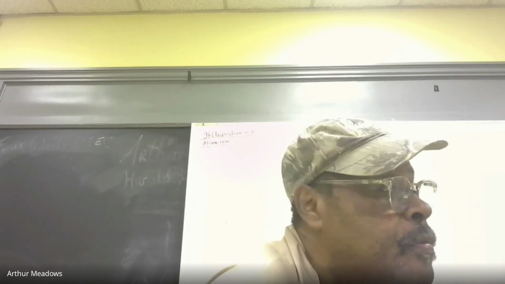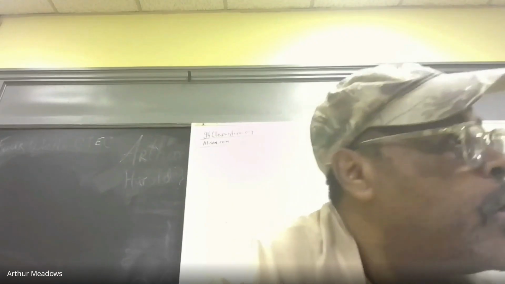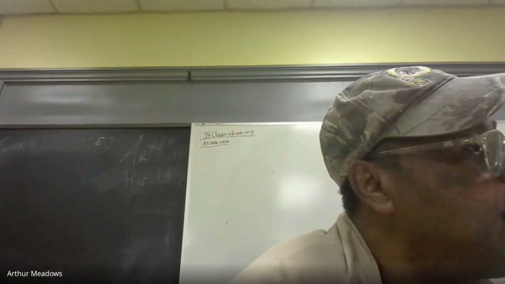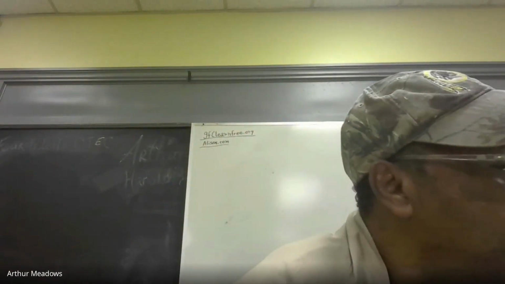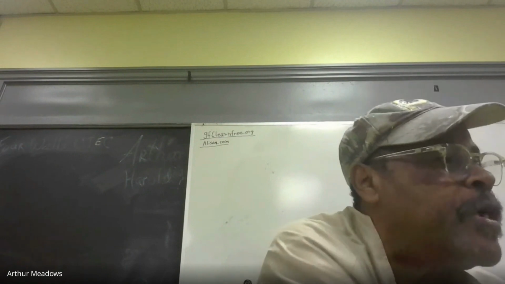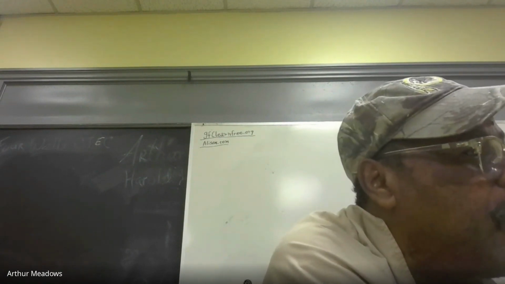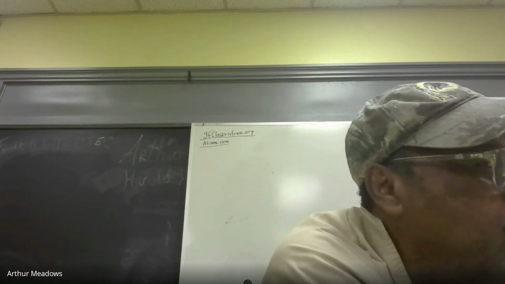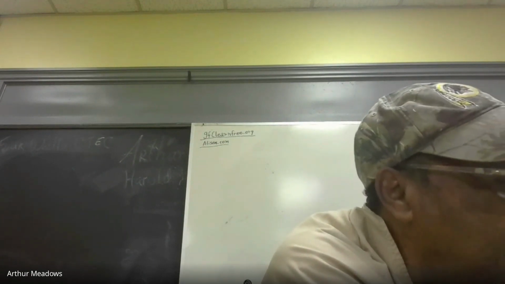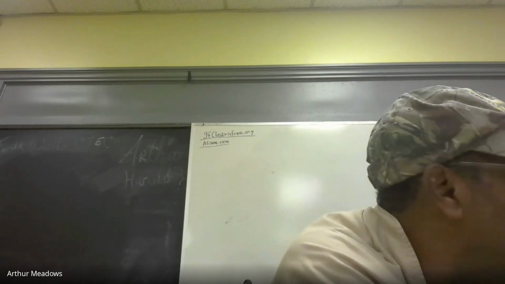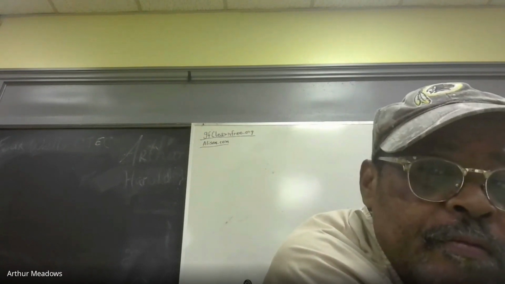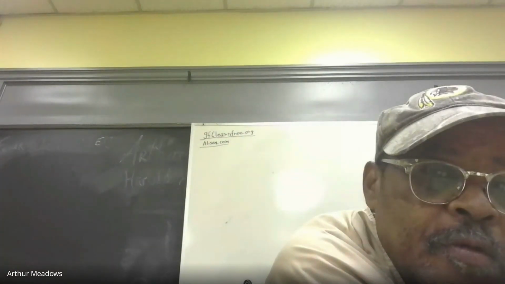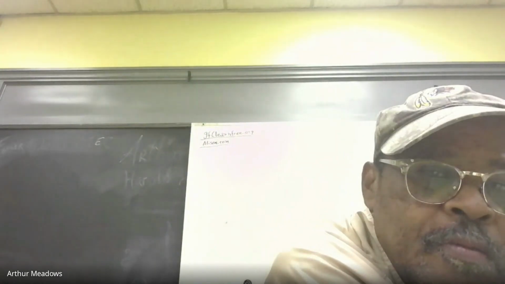On the table, 66 inches would be the third one down, and you want to convert that to centimeters, so you go straight across, and underneath centimeters is 2.54. So that's 2.54 times 66 inches. We cool?